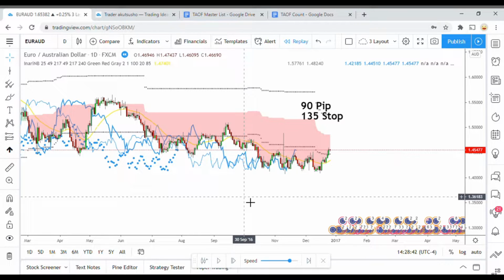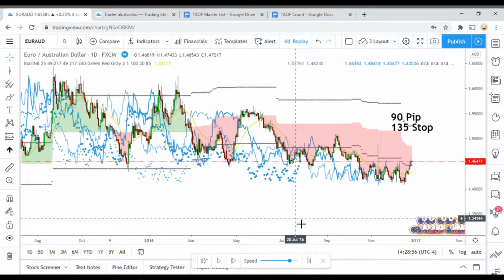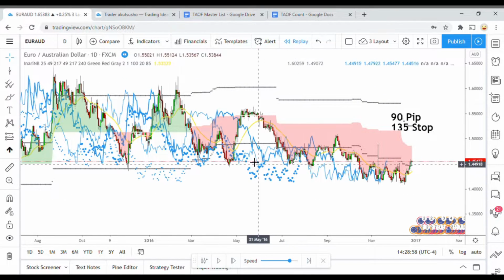Now, I feel like the easiest thing to do is start off with the most obvious way of trading this indicator. And that is, if we scroll back here, you can see that it paints the zones of red and green.